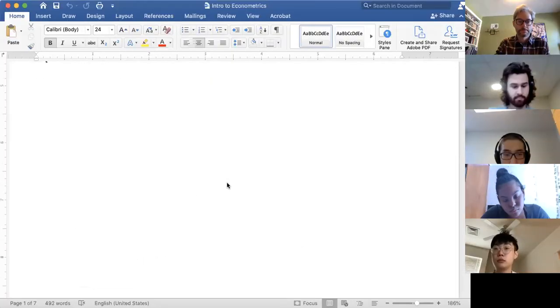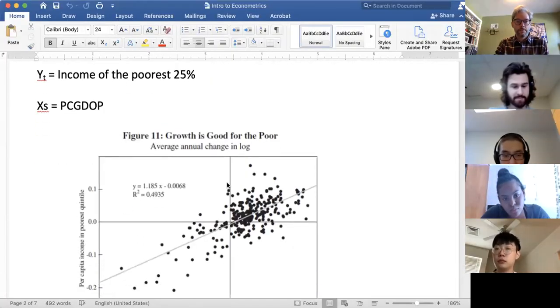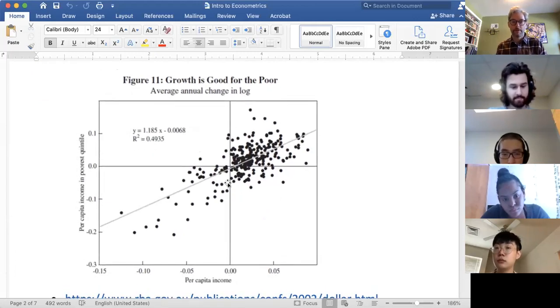So to just look at the actual data here, if you want to see what their results look like, my sharing is not really working here. There we go. Okay, so here's an actual figure from their paper. Is growth good for the poor?